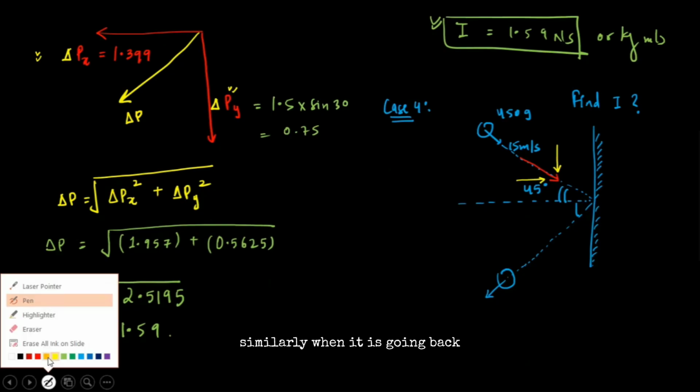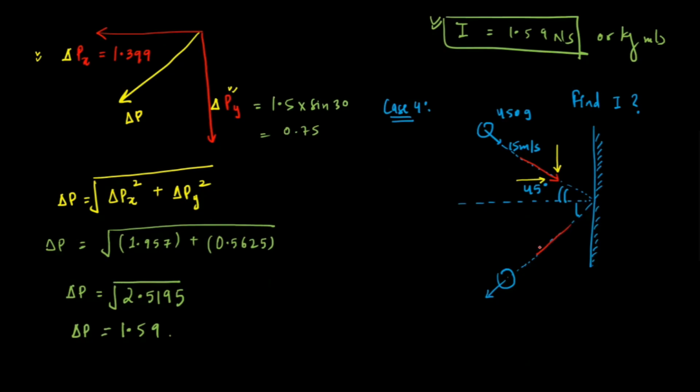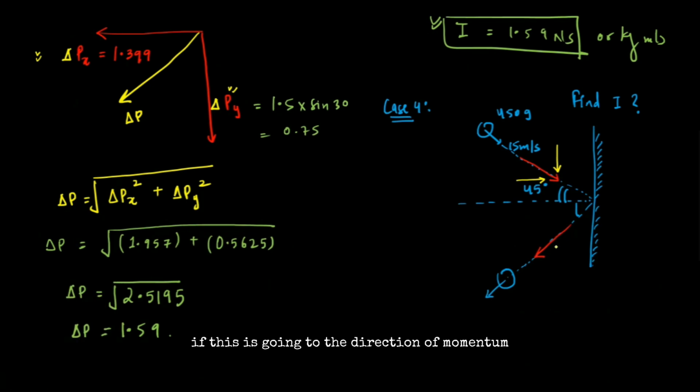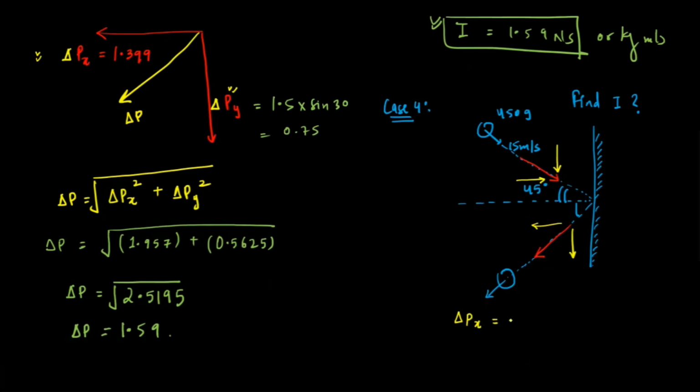Similarly, when it is going back, the direction is this. So this is the direction of momentum. If this is the direction of momentum, the direction of momentum in the y-axis is going to look like that, and in the x-axis it is going to look like that. So what we have to understand here is that this delta px is going to be negative of 2mv cos 45, whereas delta py is going to be 0.